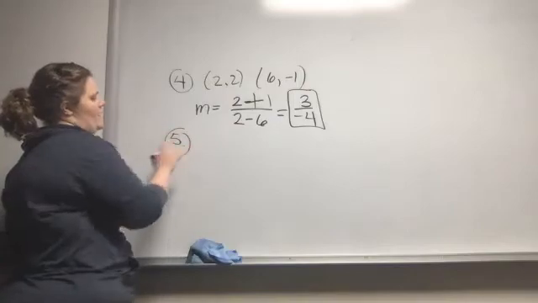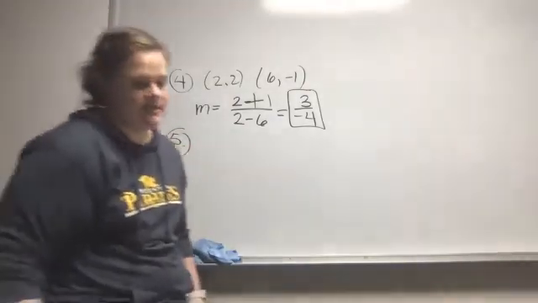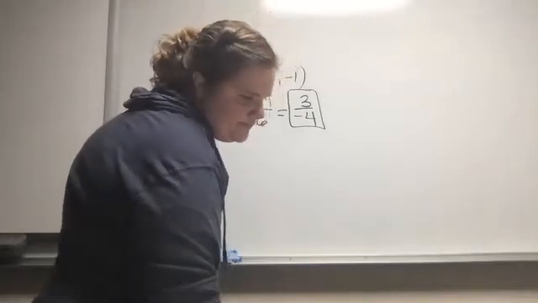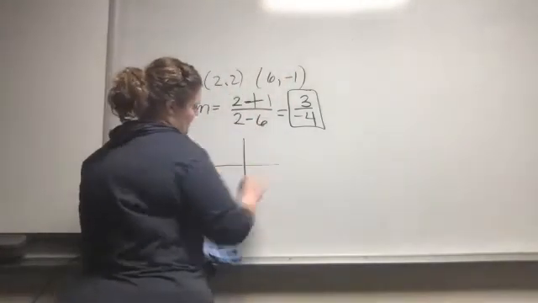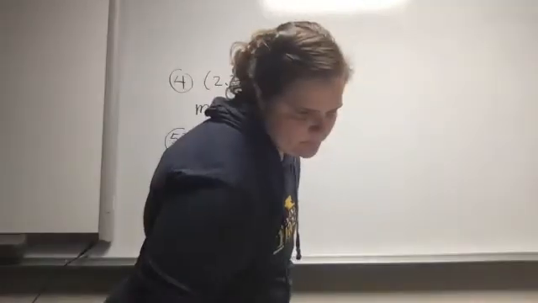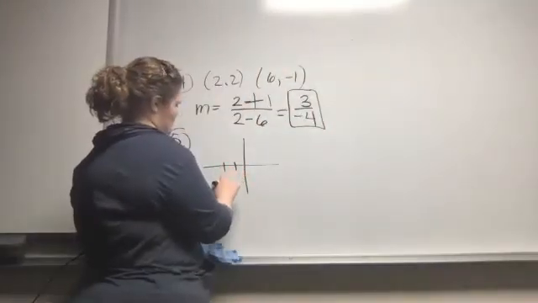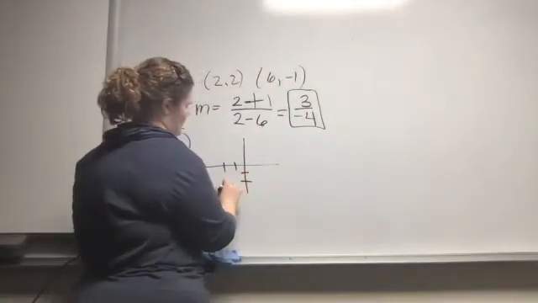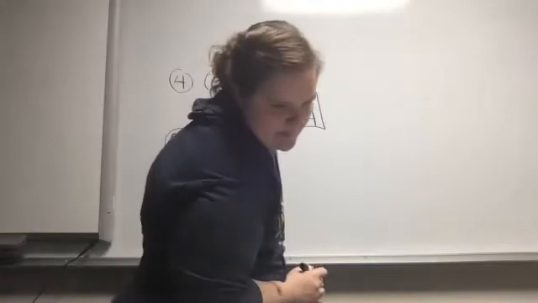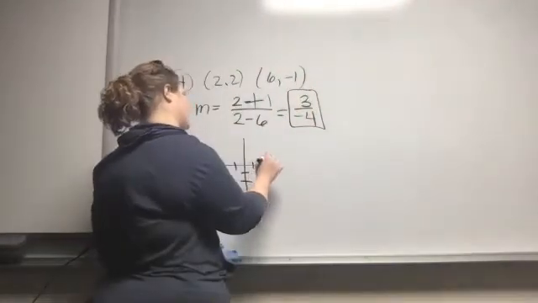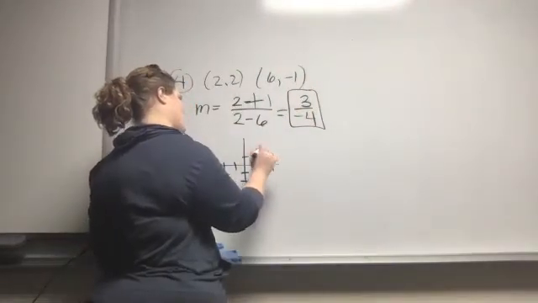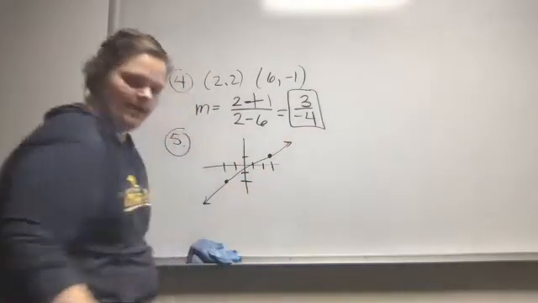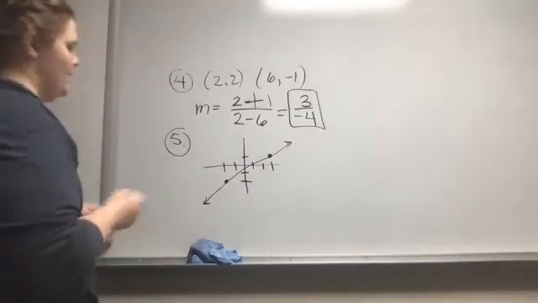Okay, number 5. Hard for me to do because I can't really project the image. We'll do the best we can. I'll try to draw it. Okay, so we have this line, and we want to find the slope.